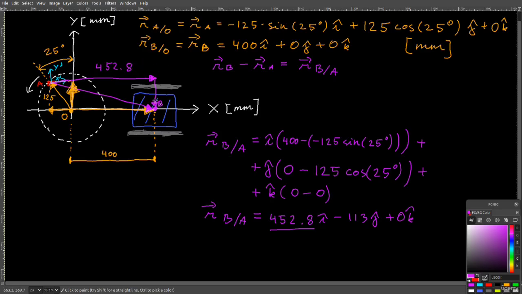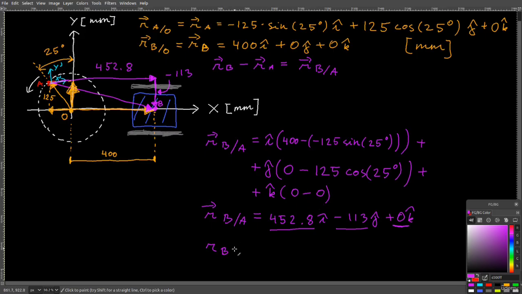And then this component here that points down is minus 113 millimeters. It points in the negative y apostrophe direction. And well, at the moment we don't have to worry about our third dimension. But again, if you had a three-dimensional problem, then instead of these zeros, you would have other numbers. That's why I'm including this third dimension in order to give you a structure for a general three-dimensional problem.